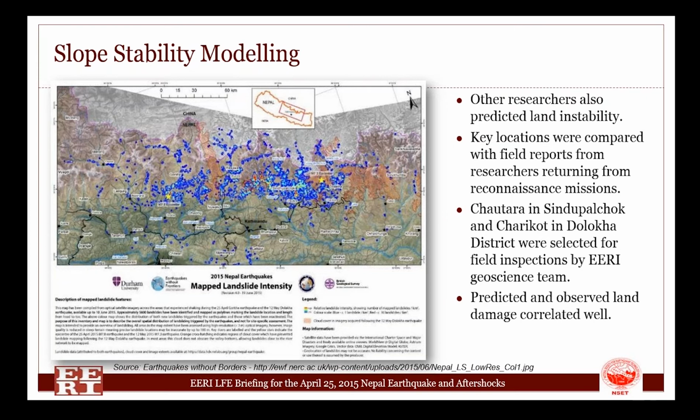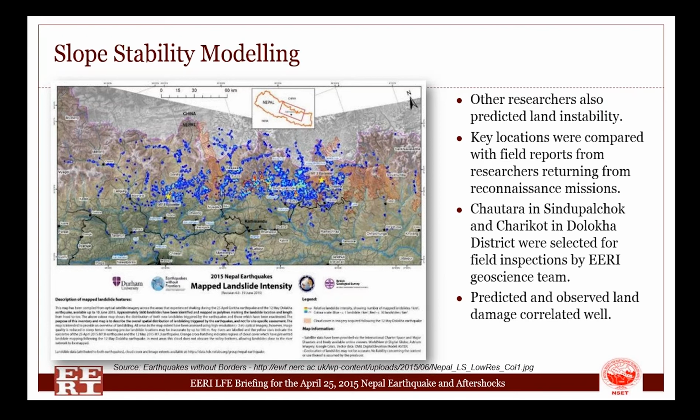A different view of slope stability by Earthquakes Without Borders with Durham University shows again strong clustering around the aftershock area, especially around the Sindhupalchok and Kolkata area. That caused the selection of the sites predominantly around the Charikot and Chautara townships.